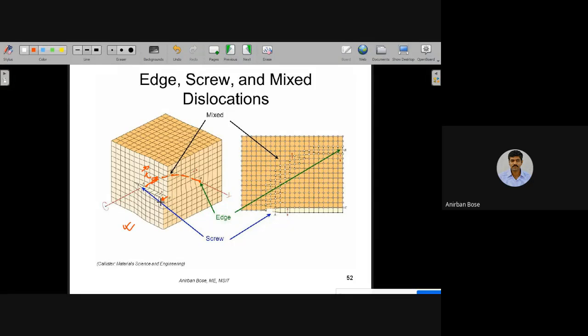That means this one. And again, around this edge dislocation, if you draw this Burgers circuit and find out the Burgers vector, you will observe that your Burgers vector is coming exactly in the same direction.